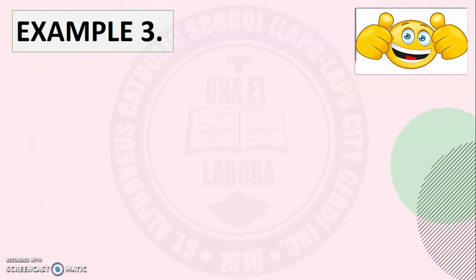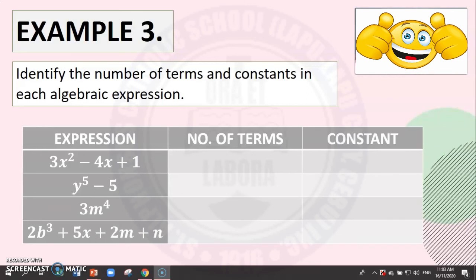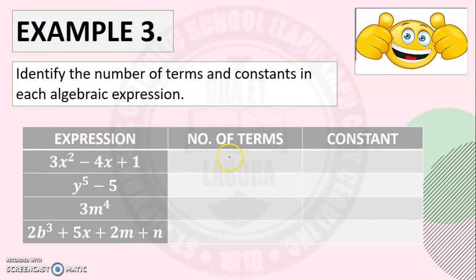Now let's have example number 3, which is to identify the number of terms and constants in each algebraic expression. So we have our first expression, 3x squared minus 4x plus 1. In this expression, we have 3 terms. We have the first term, 3x squared.